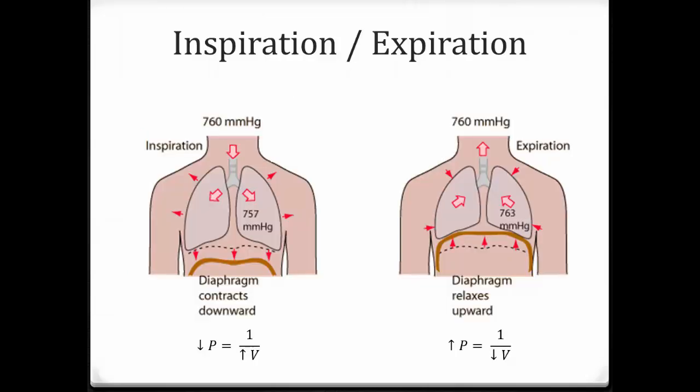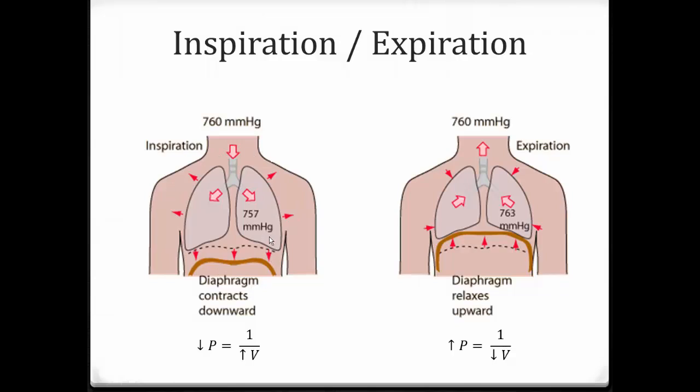Well, when we expand our lungs, when we inhale, we're dropping the diaphragm. So the diaphragm, when it contracts, flattens out more or lowers. Therefore, I expand the volume in my thoracic cavity.